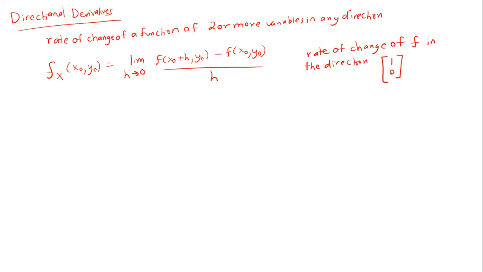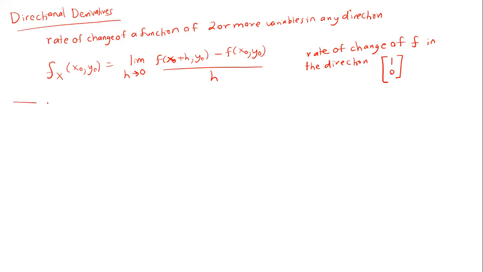So we're looking at what if we don't change y0, but we change x0 by a little bit, so that then effectively we would be moving in this direction and seeing how f is changing. And so you would get something similar for the partial derivative with respect to y.